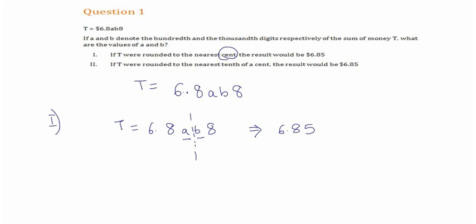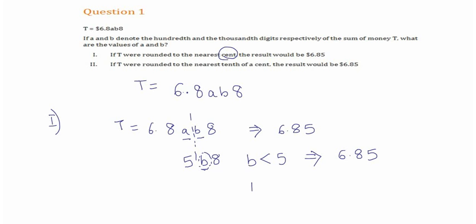If we see closely, if A is 5 and this is B and this is 8, and B value is less than 5, then on approximation the value of A will remain the same, which gives 6.85.